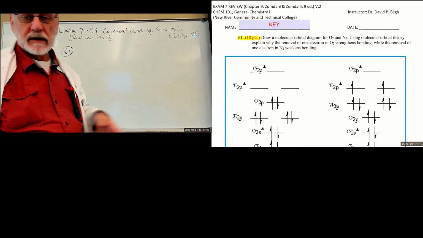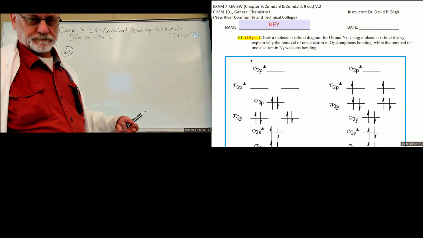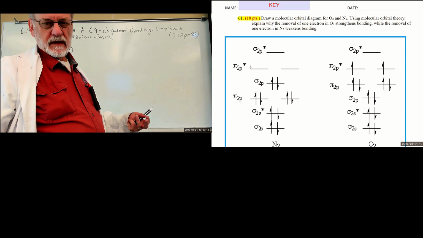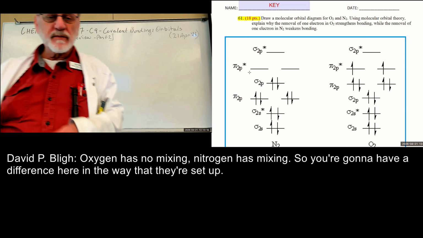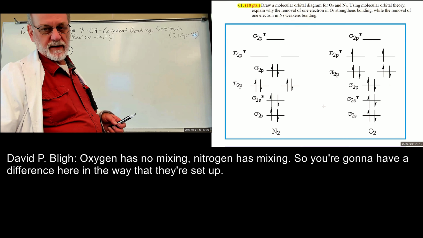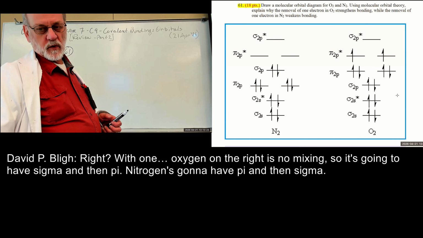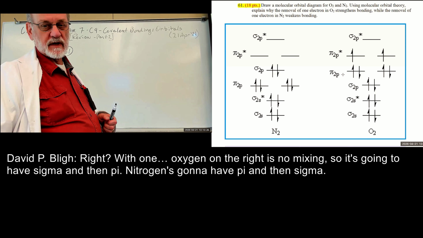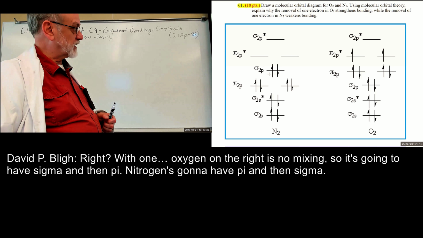That would work and would answer the question for you. Oxygen has no mixing, nitrogen has mixing, so there's a difference in the way they're set up. Oxygen, with no mixing, is going to have sigma and then pi. Nitrogen's going to have pi and then sigma.